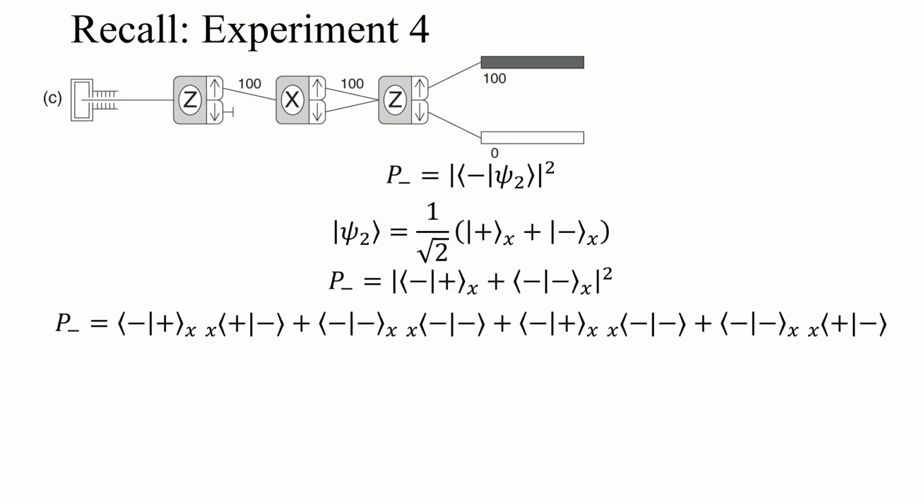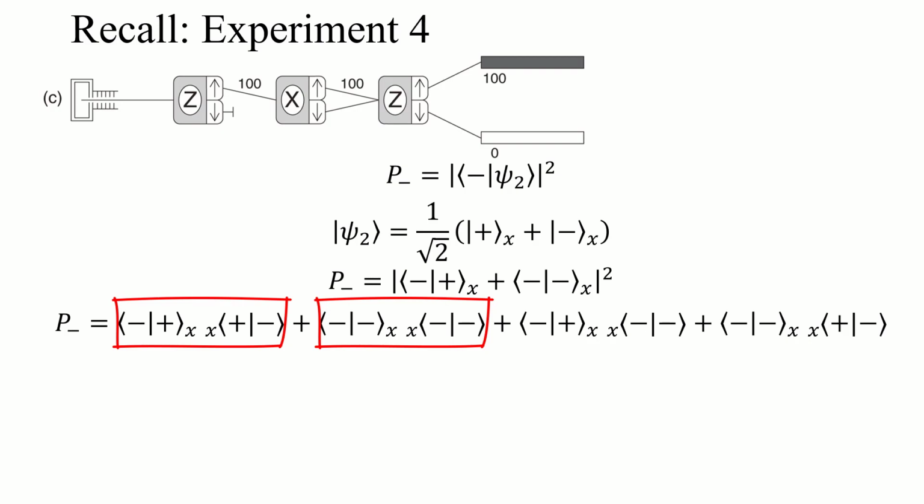And if we take that and then square it, like we do to determine the probability, we have to take complex conjugates, but we get this. The first term in this is the inner product of the spin up ket in the x direction and spin down in the z direction, and its complex conjugate, plus the same for spin down in the x direction.